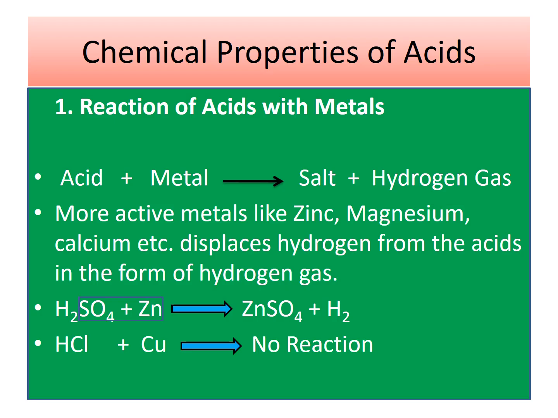Please remember the position of the respective metal with respect to hydrogen. If it is present above hydrogen, only then the reaction will occur. Otherwise, there will be no reaction. Similar to copper, silver and gold are also not able to react with the acids, and hence there will be no liberation of the hydrogen gas.